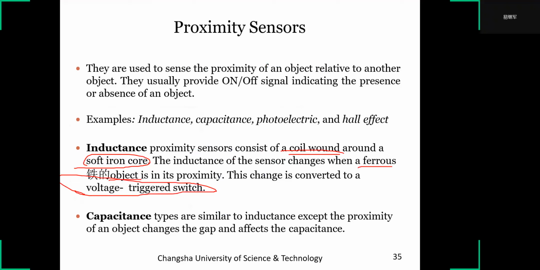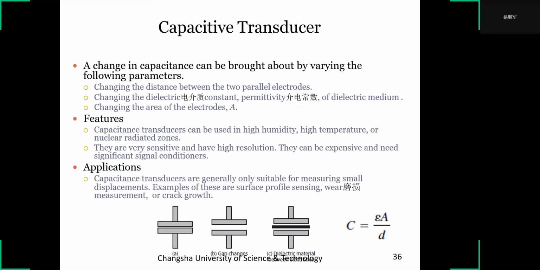Capacitance type sensors are similar to inductance, except the proximity of an object changes the gap and affects the capacitance. Capacitive transducer.